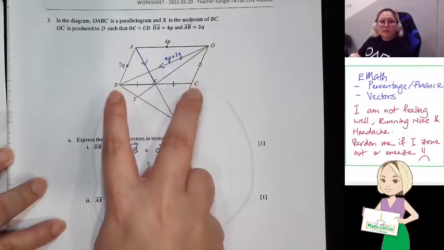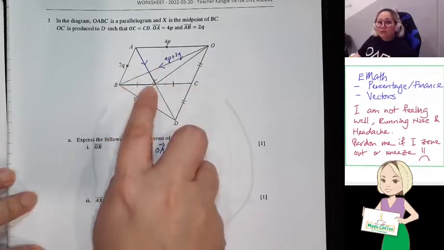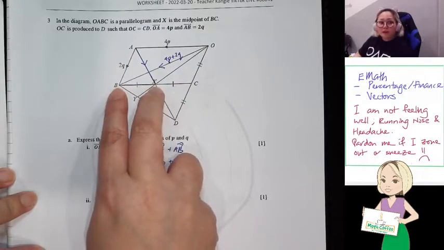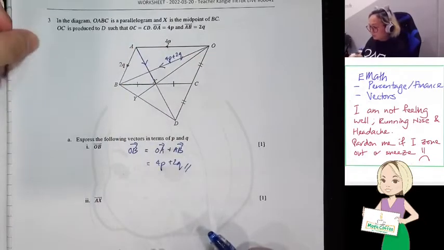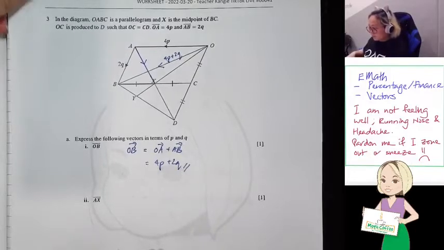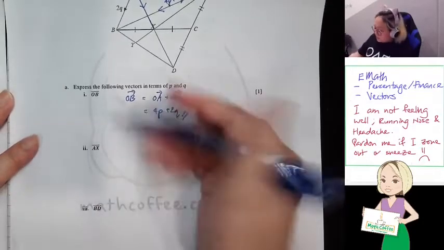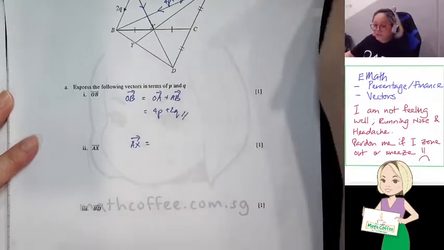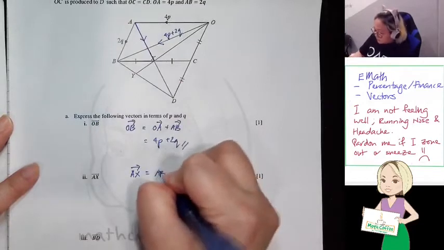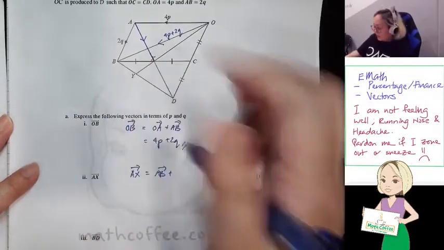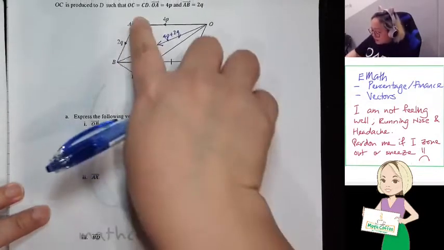So AO is the same as BC. And X is the midpoint. So it means BX is half of AO. Agree? You can screenshot or refer to the video. My AX is A walk to B first, and then after that B walk to X. AB, I have it, which is, again, look at the arrow, still 2Q.